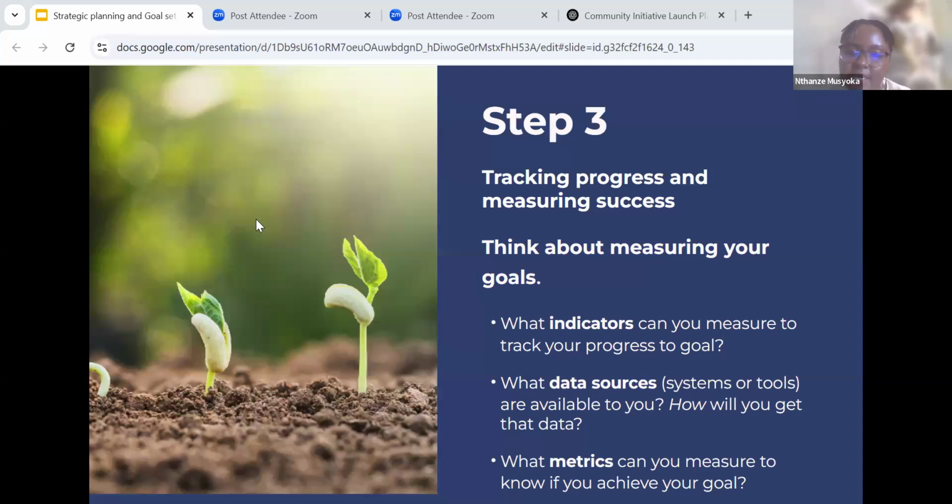I hope you're writing. Can I get some group reaction to see that we've been able to write up the 3 steps? Just raise your hand or do a reaction if you've started on the process.